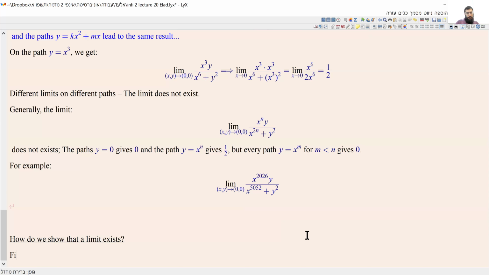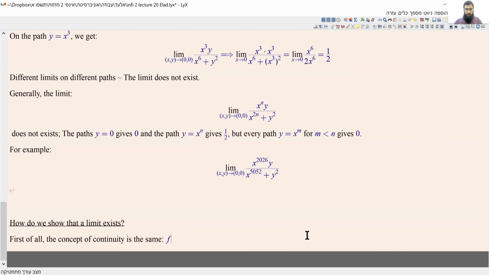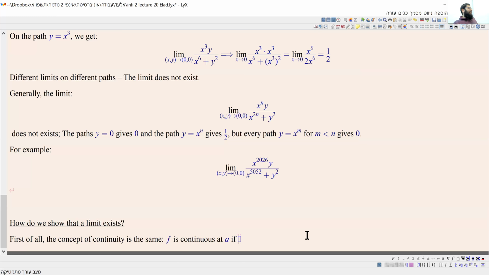First of all, important, the concept of continuity. f is continuous at some point a if and only if... It is if and only if, but it's not a mathematical logical statement.